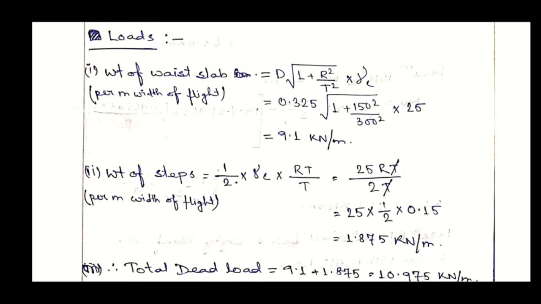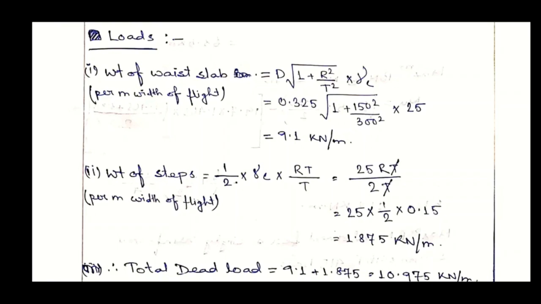So first, the weight of the waist slab per meter width of flight, okay, that is equal to capital G root over 1 plus capital R square by capital T square, root close, multiplied by gamma c. Now capital G is the overall depth, R is the size of the riser, T is the size of the tread, and gamma c is the unit weight of RCC.